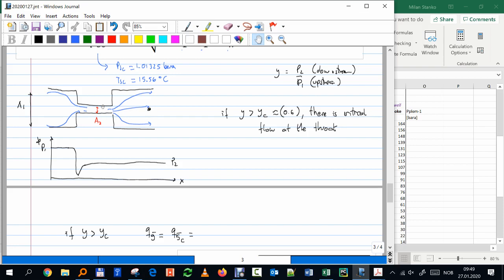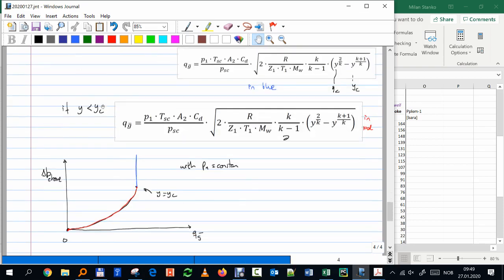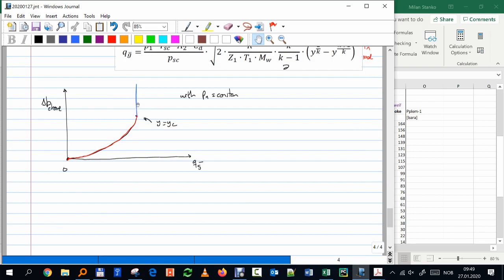You cannot get any more than that. At that point the rate simply flattens out. No matter how much I reduce P2, no matter how big I make the delta P, I will always have the same rate. That's the critical QG. We call it flow is choked, or critical flow.